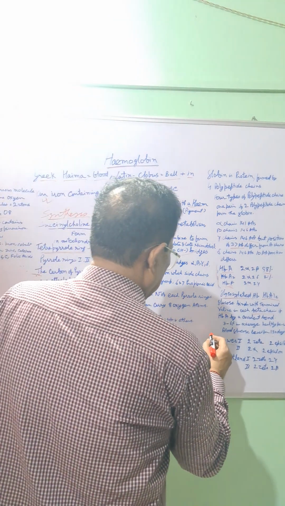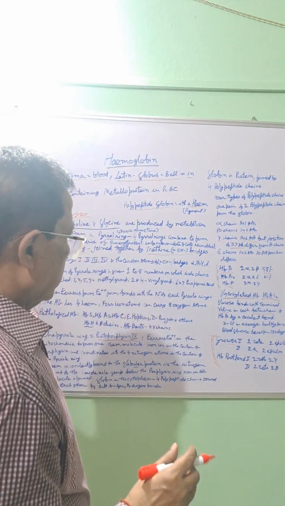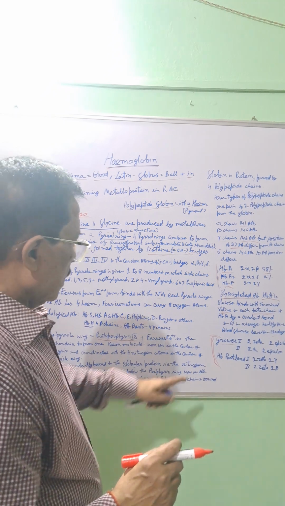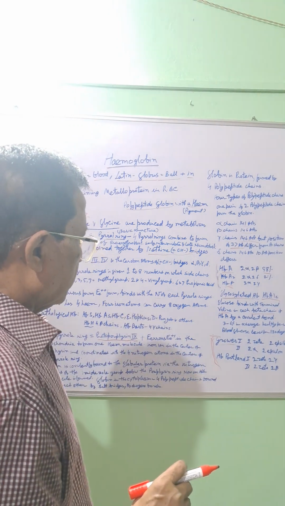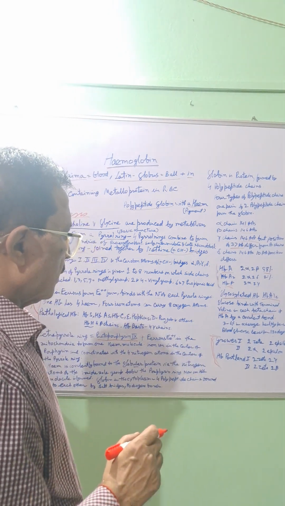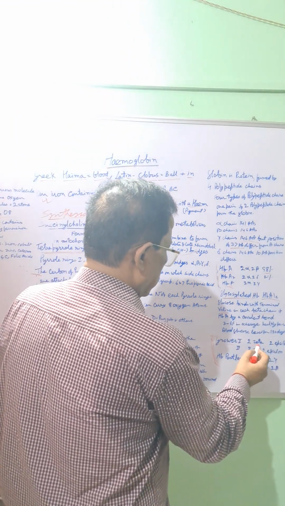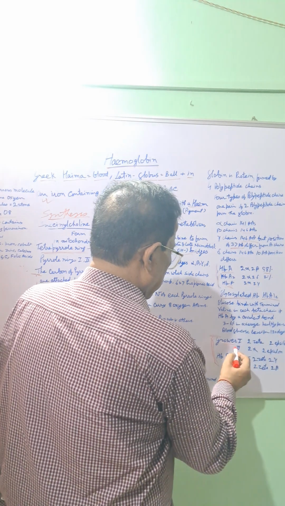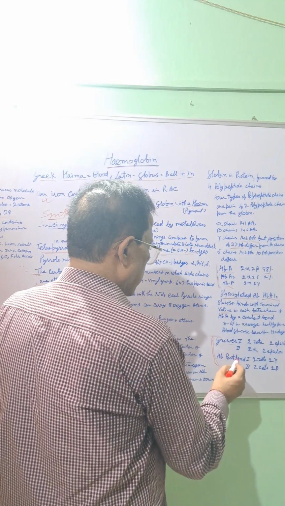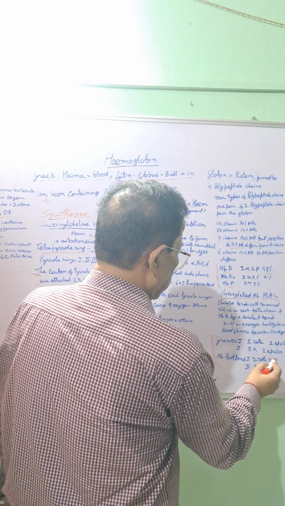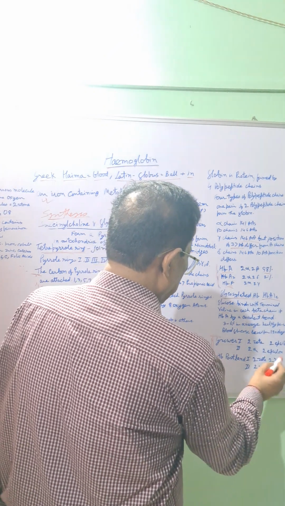In early stages, in embryos, there are other types of normal hemoglobin: Gower 1, Gower 2, and hemoglobin Portland. Gower 1 contains 2 zeta and 2 epsilon chains. Gower 2 contains 2 alpha and 2 epsilon chains. Hemoglobin Portland 1 has 2 zeta and 2 gamma, and Portland 2 has 2 zeta and 2 beta chains.